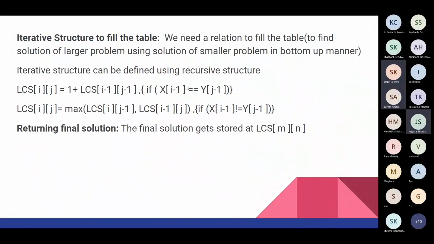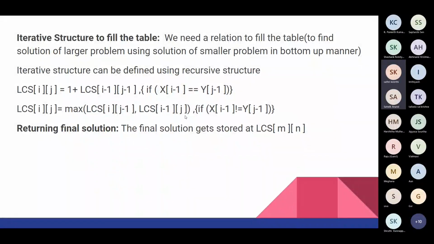To fill the table iteratively, we use the same recurrence: LCS of i, j will be 1 plus LCS of i minus 1, j minus 1 if the characters in both strings are equal. If they are not equal, it will be the max of LCS of i, j minus 1 or i minus 1, j.